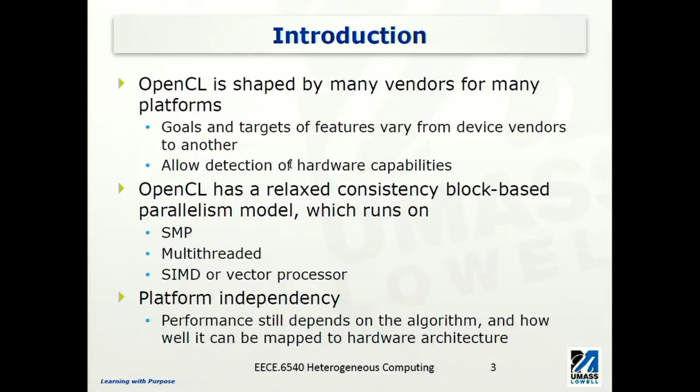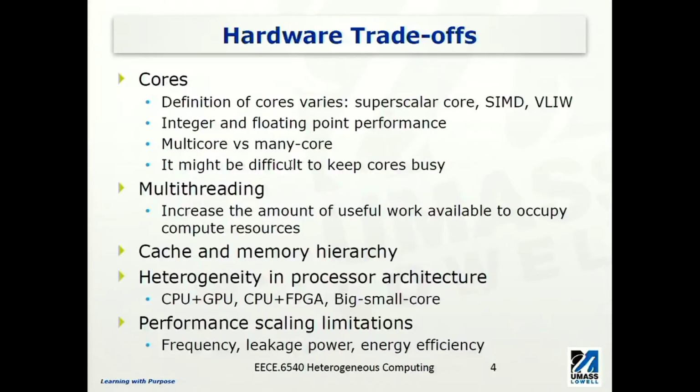It tries to achieve platform independence. The performance of OpenCL programs still depends on the implementation, the algorithm, and also how well it can be mapped to the hardware architecture it utilizes. We'll see more as we understand in depth these different processor architectures.